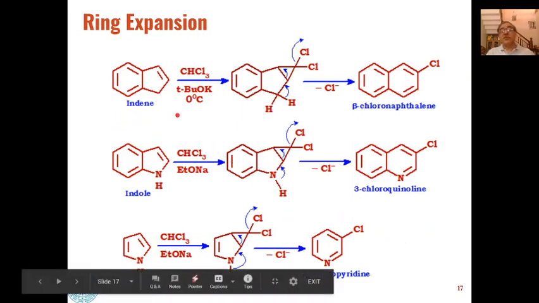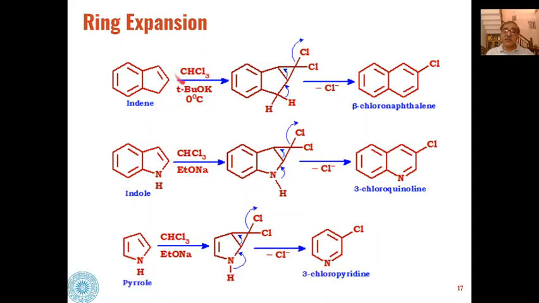Some more examples of ring expansion products: indene on reaction with chloroform and potassium tertiary butoxide at 0 degree centigrade. We know that potassium tertiary butoxide on reaction with chloroform will generate dichlorocarbene as the product, and that dichlorocarbene will get added to this carbon-carbon double bond to give us these types of cyclopropyl rings.